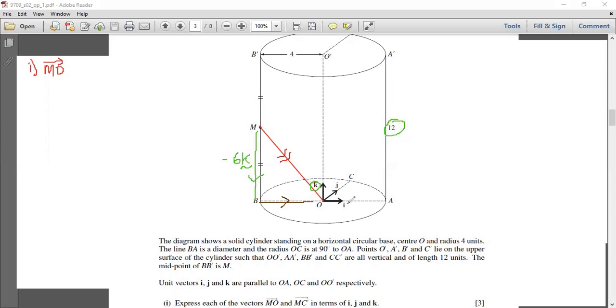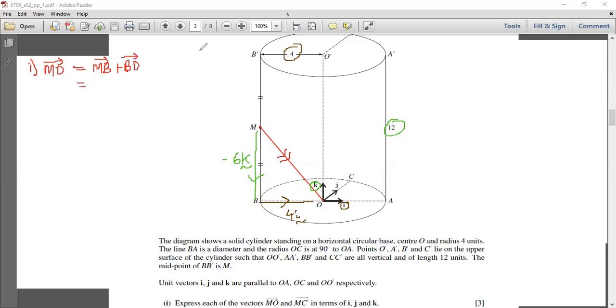The BO line is in the direction of i, and its length is the radius of the top here, which is 4. It's in the positive direction, the same as i, so we can call it 4i. In terms of vectors, people normally write it as MB plus BO.